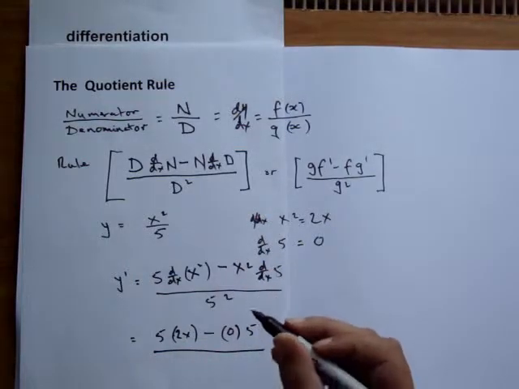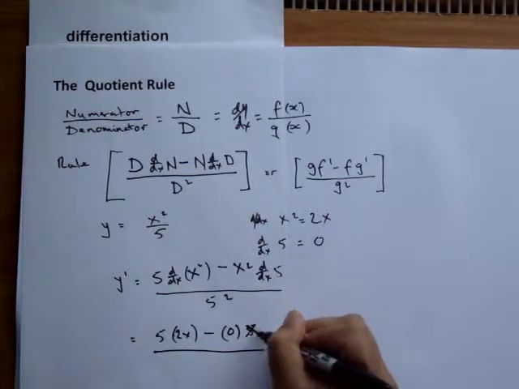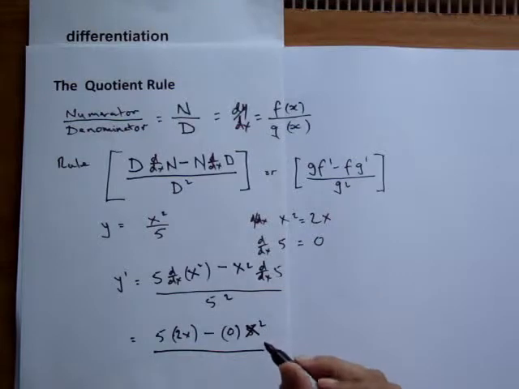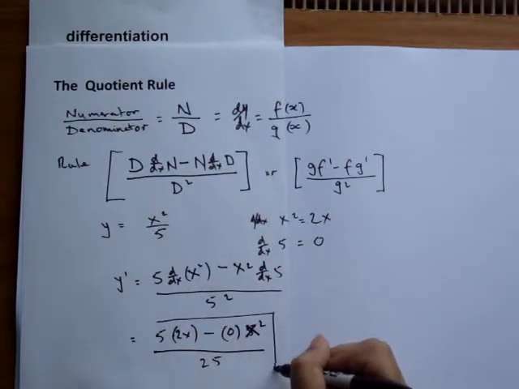Sorry, that should have been the numerator, which is x squared. And all that over 25, and that is the answer.